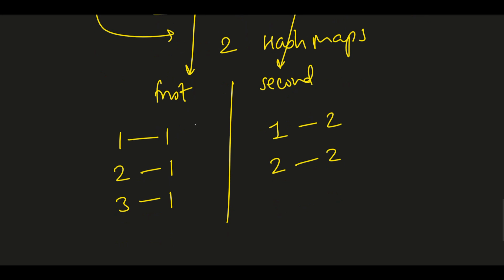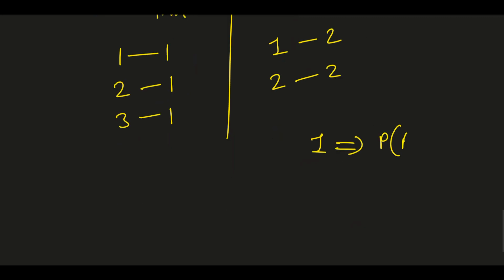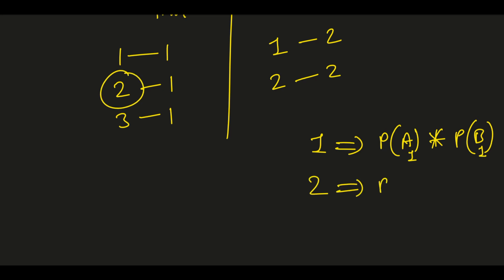Now, you can traverse in either of these hash maps. So let's traverse here. For 1, I will find the probability of 1 in the first array multiplied with the probability of 1 in the second array. Now for the number 2, I will find the probability of 2 in the first array and the probability of 2 in the second array.